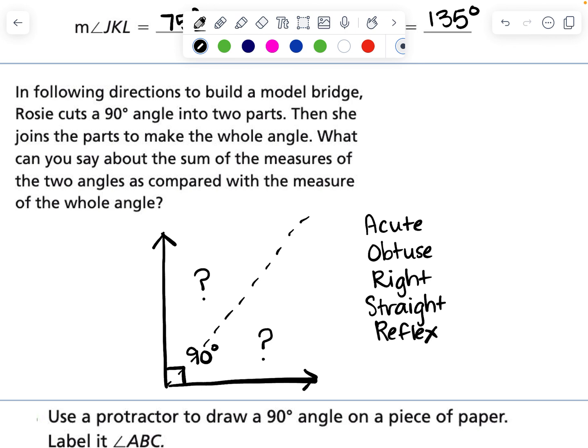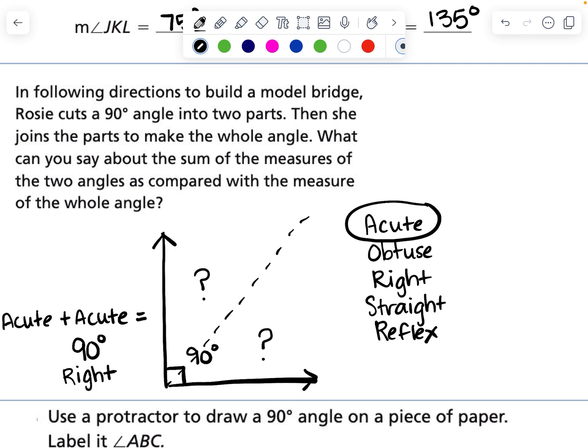When we look at those angles, they measure less than 90 degrees, so we know that an acute angle plus an acute angle can equal a 90-degree right angle.